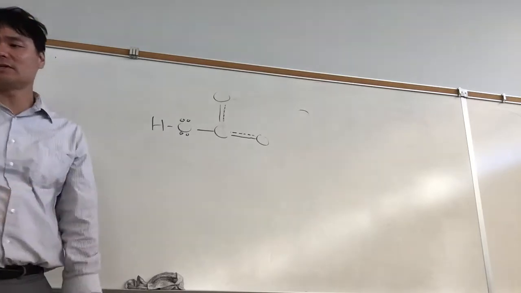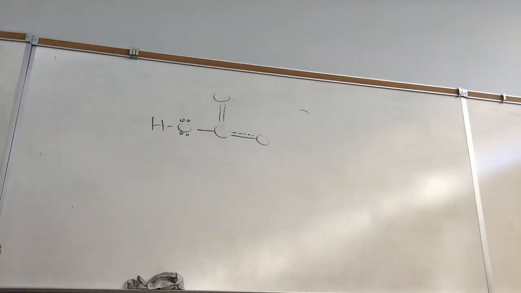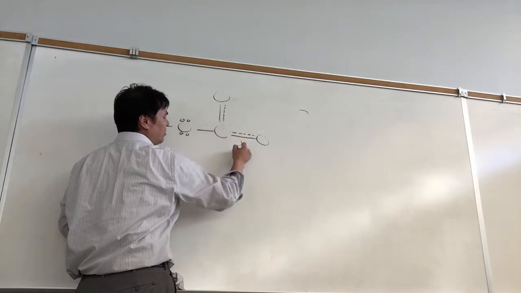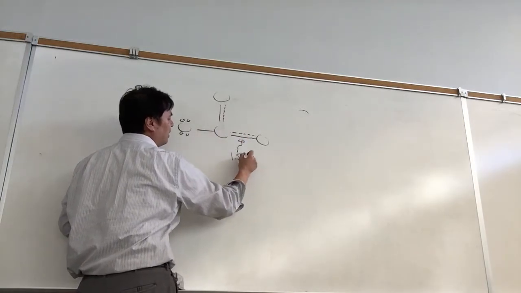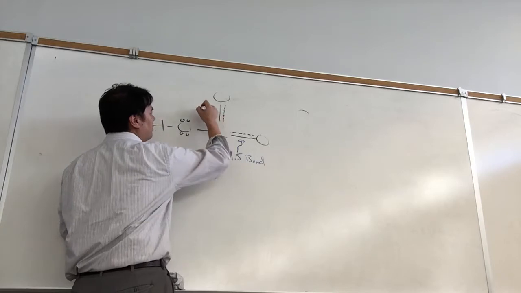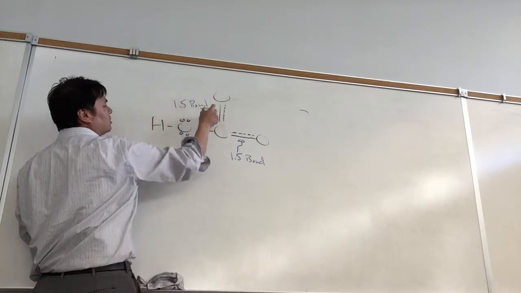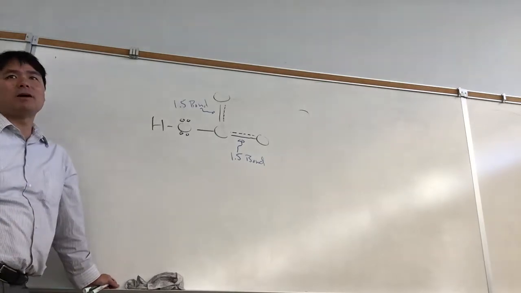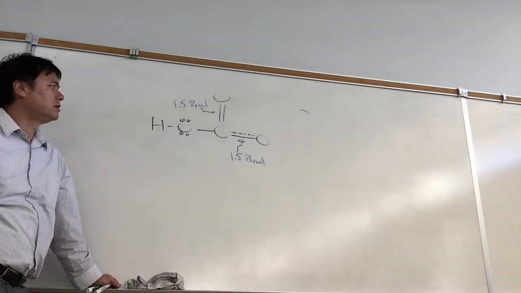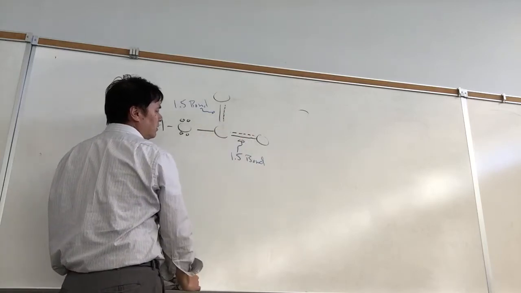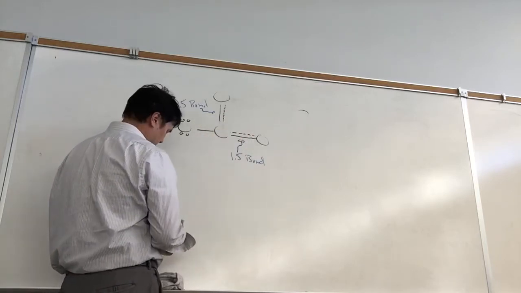And so rather than having a single and a double, we even it out. If you spread out the electron cloud like this, what we end up with is a 1.5 bond on each. So now the two bonds are equal. They're both 1.5 bonds, not a single and a double. It doesn't resonate between single and double. It just stays as a 1.5 bond.